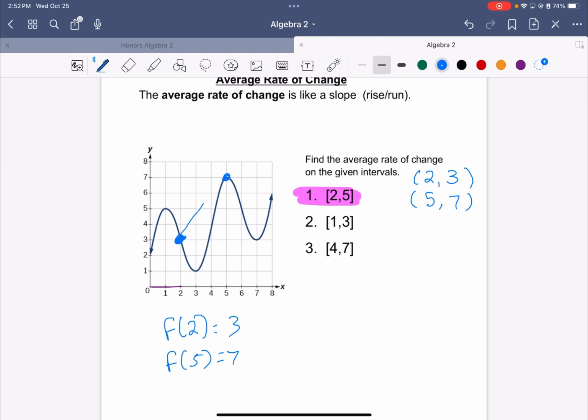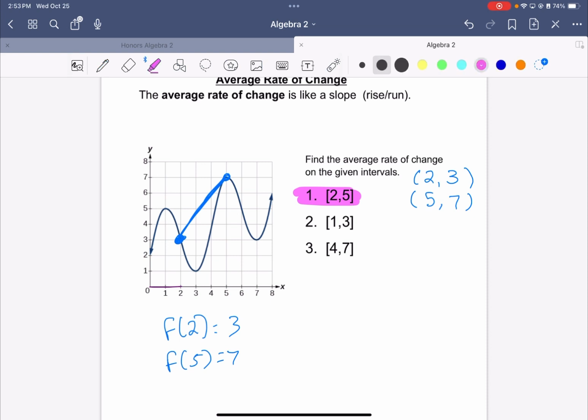So now we want to find the slope of that line because that's our average rate of change. Now, mathematically, it's the change in y over the change in x.